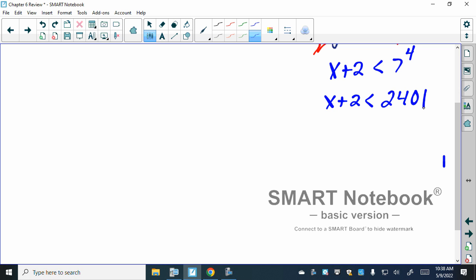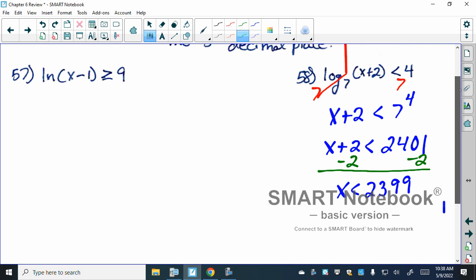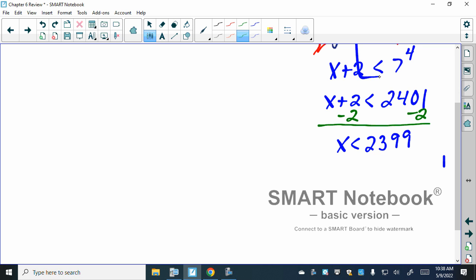Now what do we need to do to get x by itself? So x is less than 2,399. Now this one here is inside the log, yes? So what's inside the log cannot be 0.